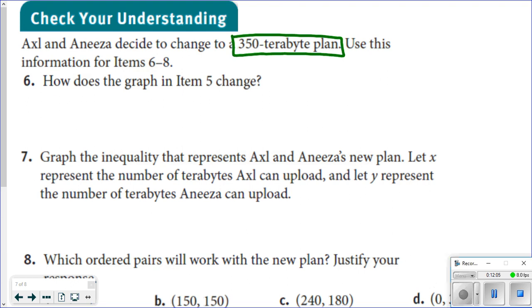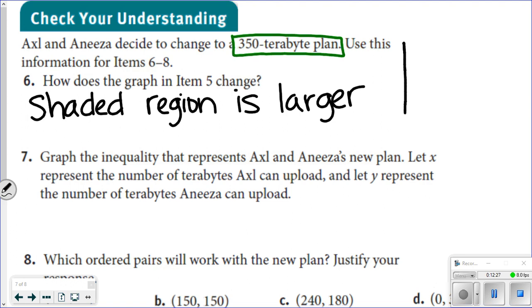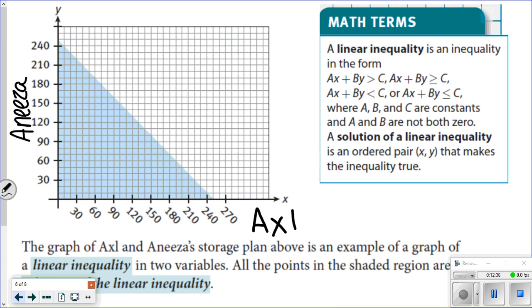Axel and Anisa are allowed more terabytes. So what that means is that my shaded region is going to be larger or bigger, because if I go back to this graph, I forgot earlier to talk about our x and y intercepts.